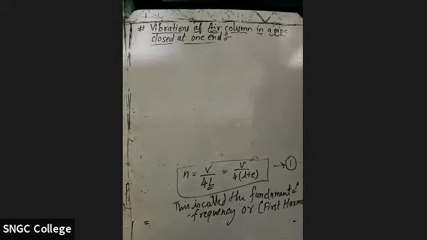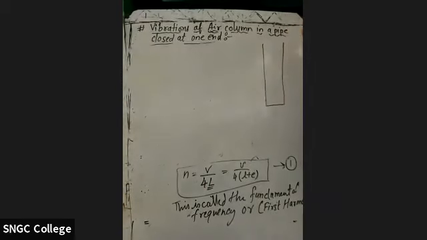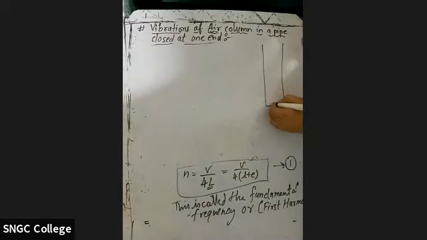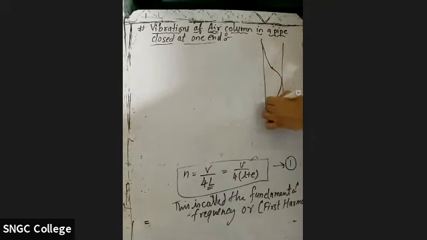So now we will take one pipe again, which is closed at one end. Now we have to generate two nodes. That means one over here, the other would be somewhere here, and two antinodes. So the wave will form a structure like this.